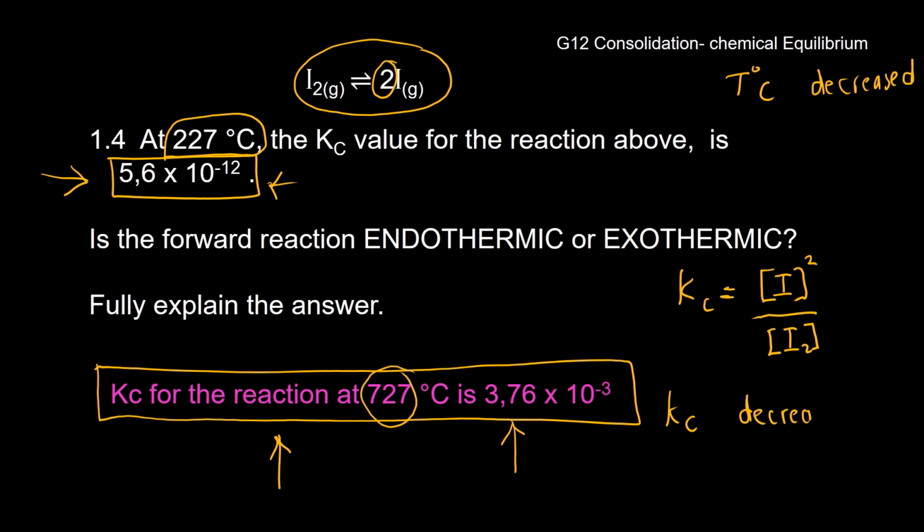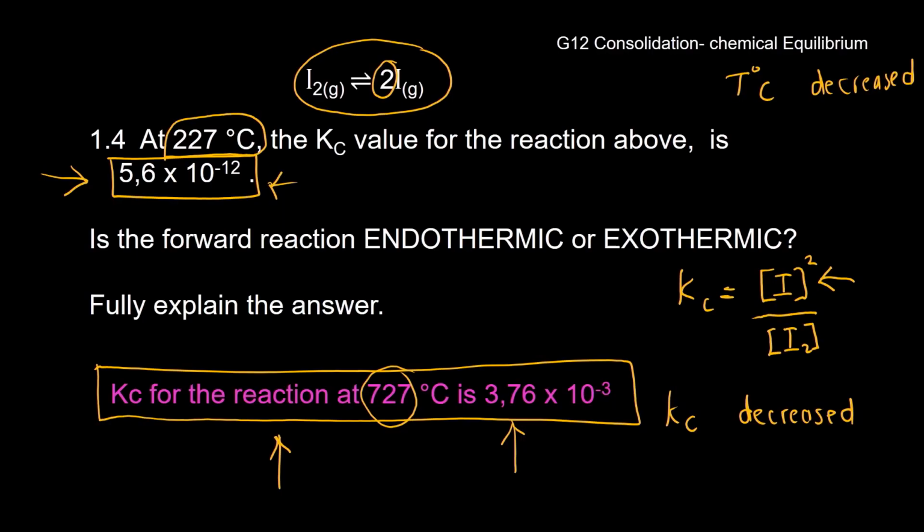So if our Kc value is decreasing with this disruption, it means that the concentration of I must have decreased as well. So our concentration of product has decreased to give us a lower Kc value.